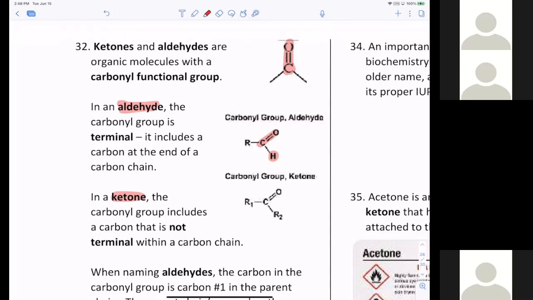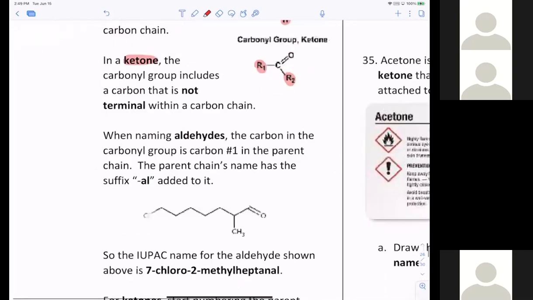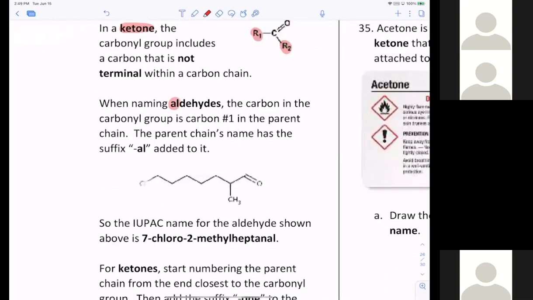For ketones, the 2 R groups don't have to be the same. That's why they say R1 and R2. And they cannot be hydrogens, right? The 2 R groups here have to be carbon atoms so that the carbonyl is in the middle of a chain. Now, when you name the aldehyde, you have to really overemphasize it, otherwise people will think you're talking about alcohols.